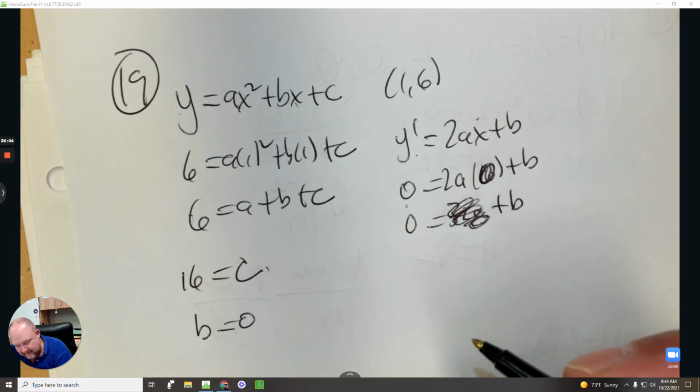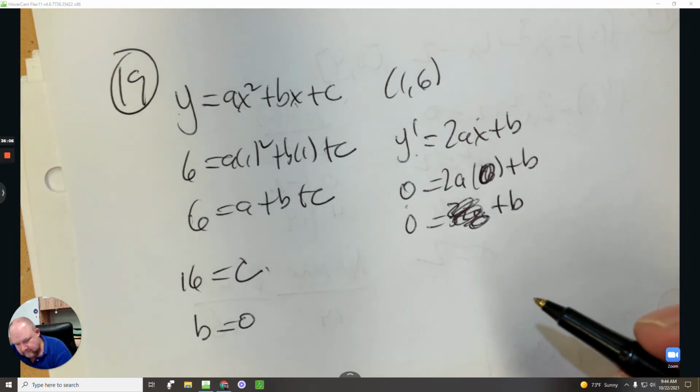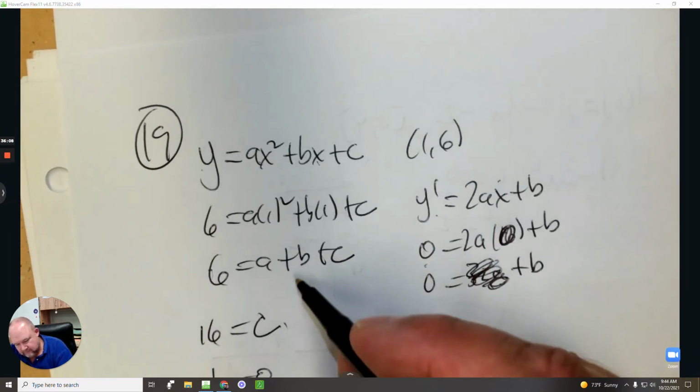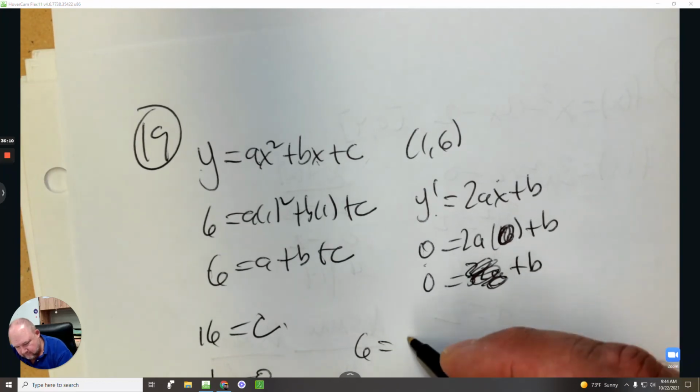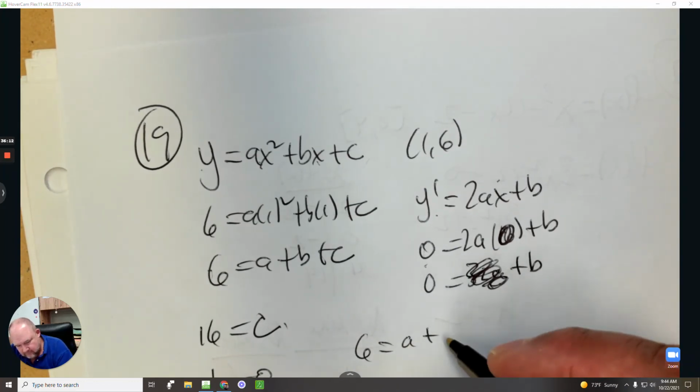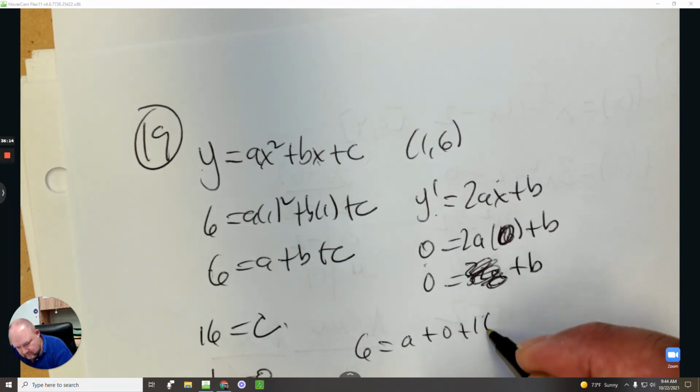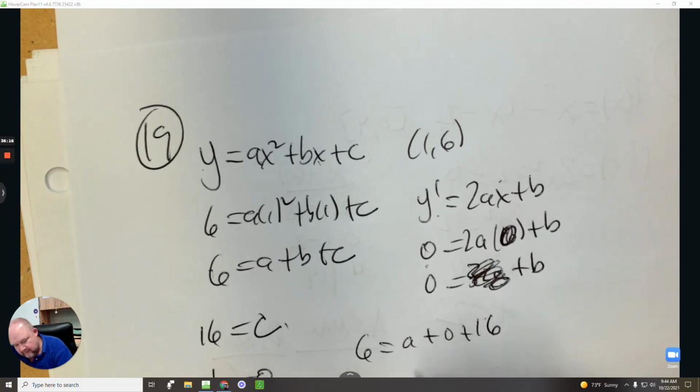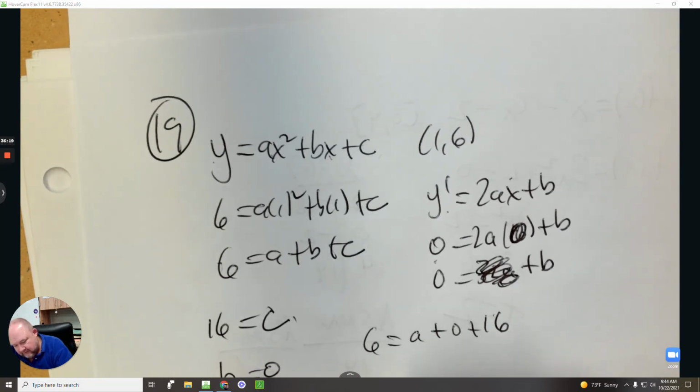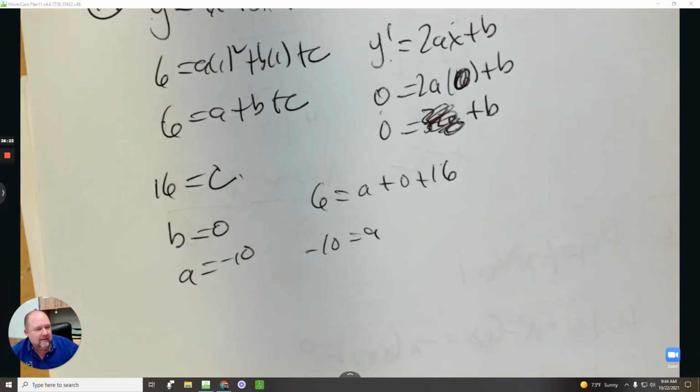And then a, subtract 16, would have to equal negative 10. That's what I got. Let me see. My answer key doesn't seem to agree.